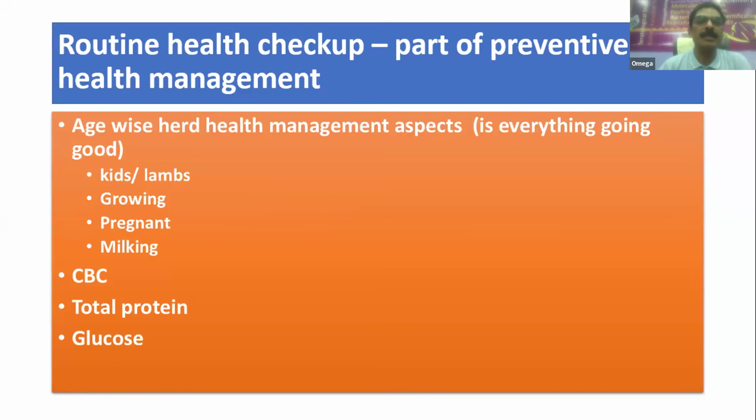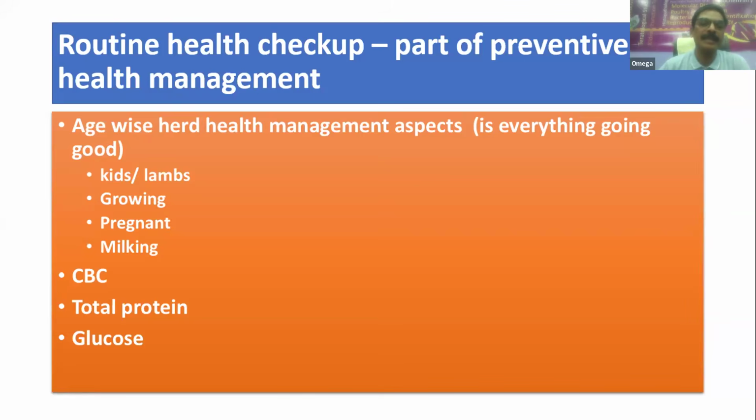Now start with the routine health checkup as a part of preventive health management. Farmers who are very curious can go for this. They can take representative samples from lambs or kids, growing animals, pregnant animals, and milking animals.